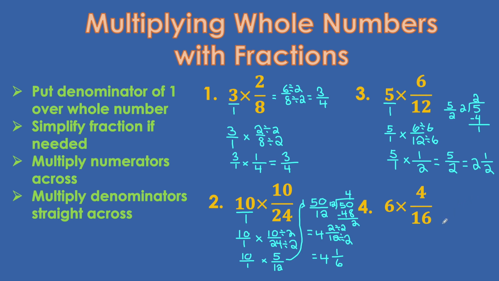Very last example, number 4. We have 6 times 4 over 16. First step, put the 6 over a 1. Next, simplify the fraction. So let's rewrite this again. 6 over 1 times 4 over 16. Find the greatest common factor, which should be 4.